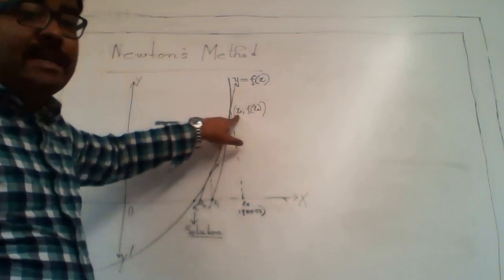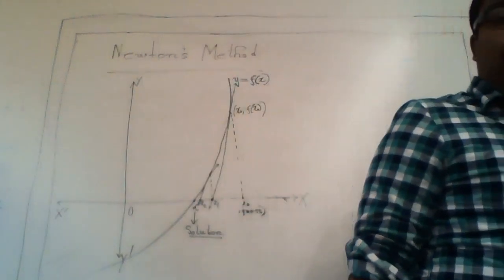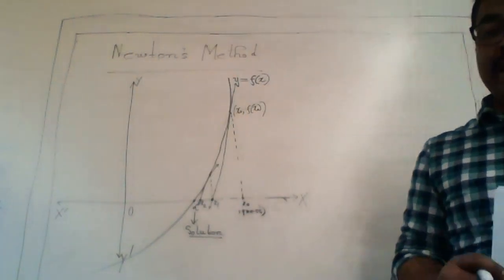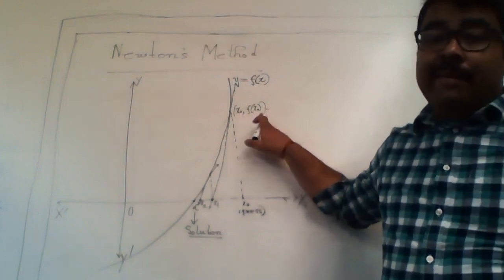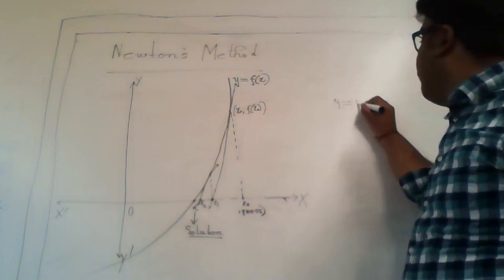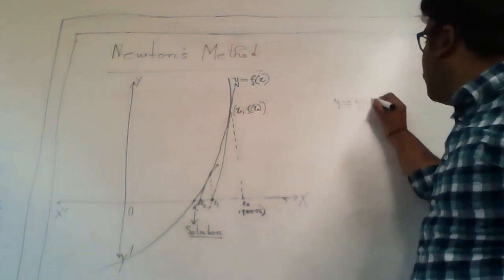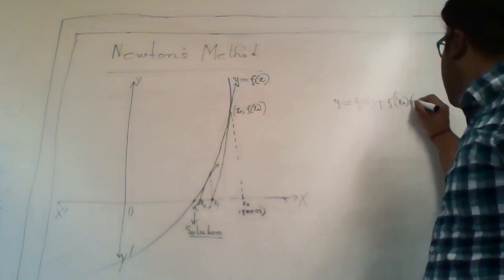Now what is the formula? We all know what is the equation of a tangent at a given point. So we all know that the formula for tangent at the point x0, f of x0 is y equal to f of x0 plus f prime x0 times x minus x0.